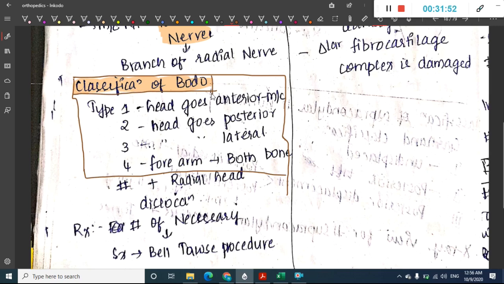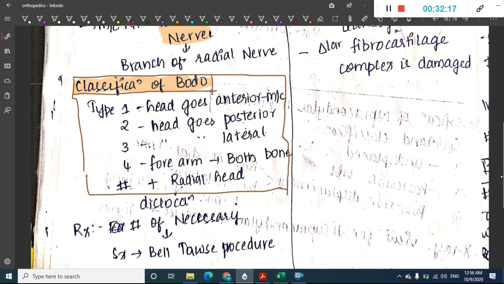Grade 3 tells that the head goes laterally. Grade 4 says that both bone forearm fractures are present, along with radial head dislocation.